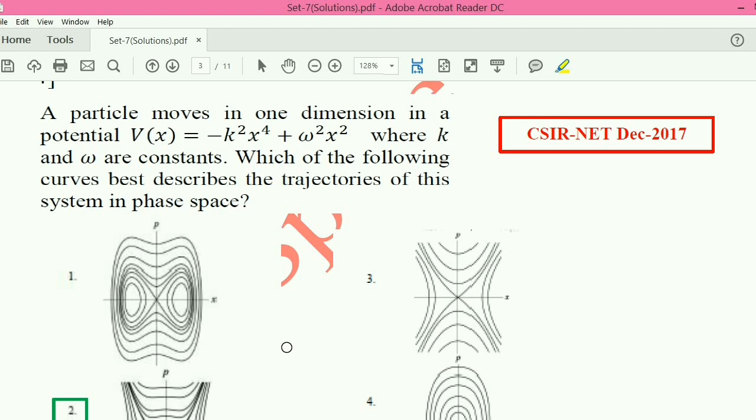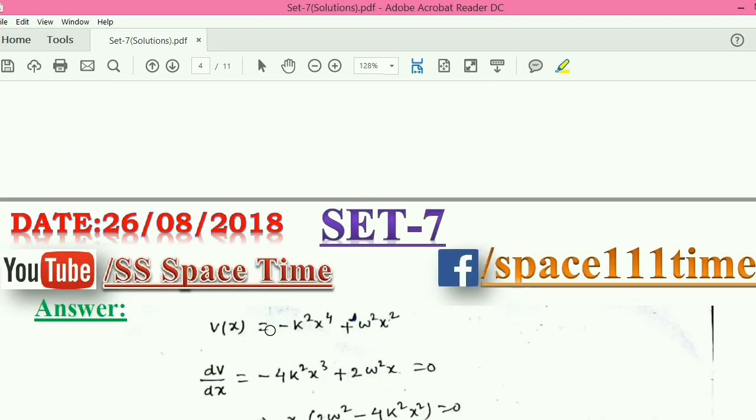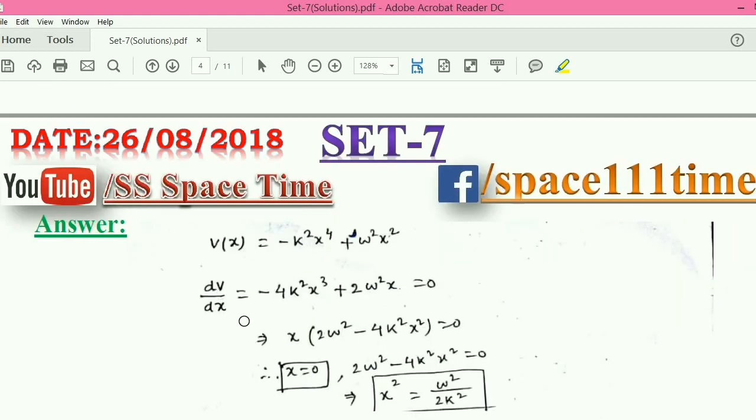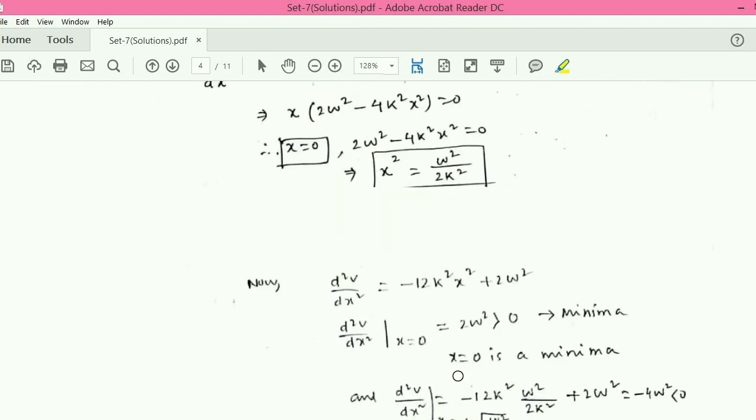Okay. So first, to solve this problem, we have to find out the form of this potential, where its maxima and minima exist. To do that, we write dV/dx equals 0 to find extrema, maxima or minima. Taking the derivative of V with respect to x, we get the positions of extrema at x equal to 0 and x equal to plus or minus root over omega square by 2k square.